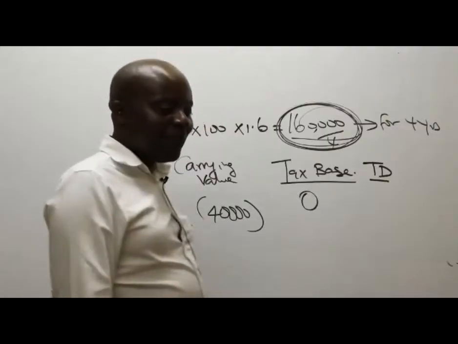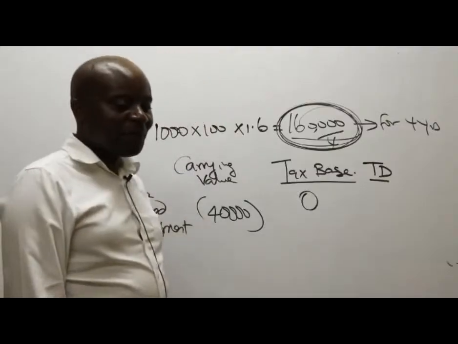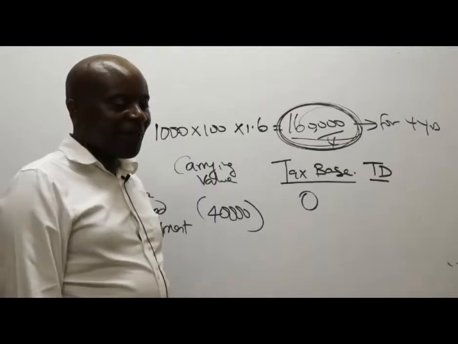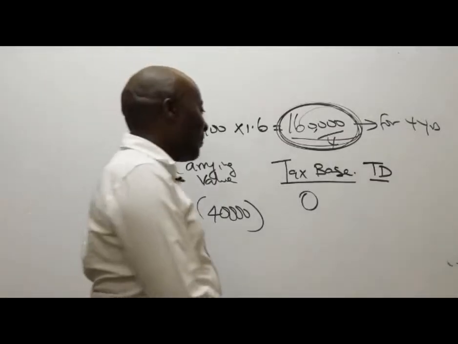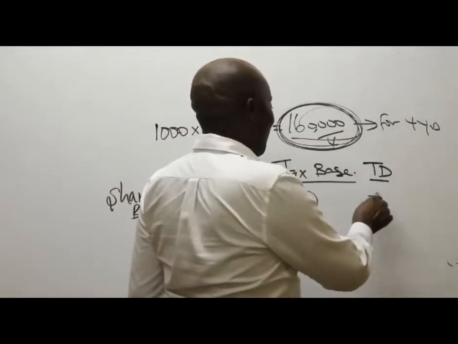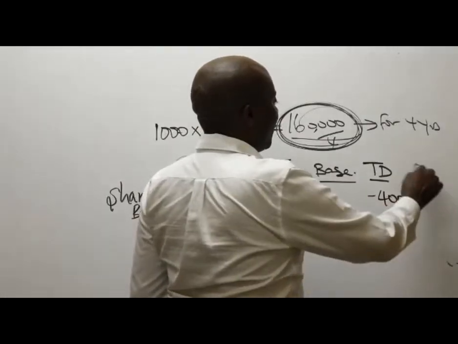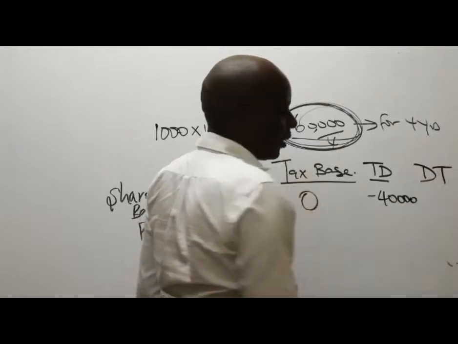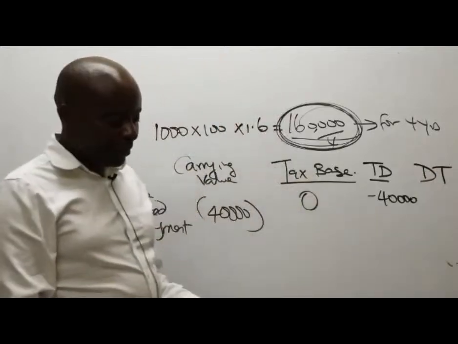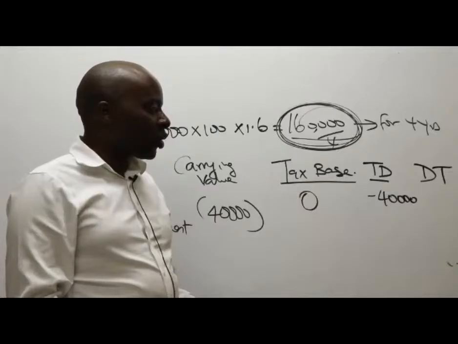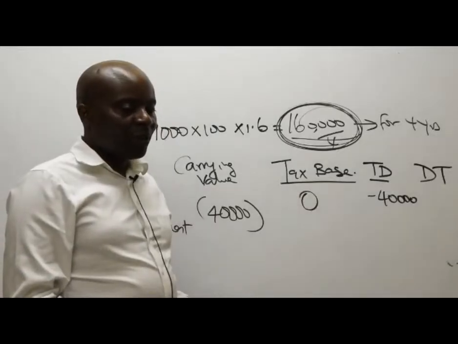Yes. Give me the temporary difference. I'm being told it's minus what here? 40,000. So please give me the deferred tax asset or liability.